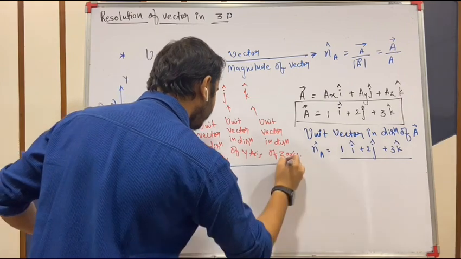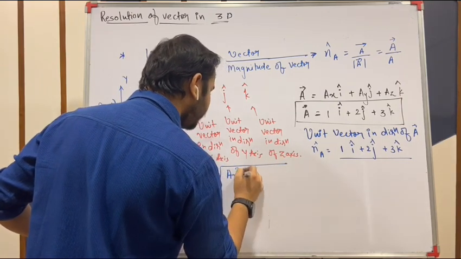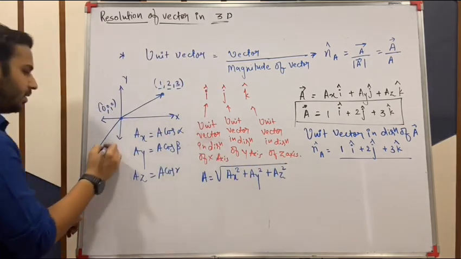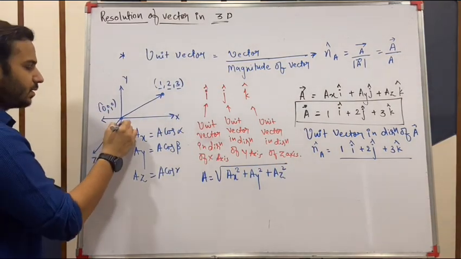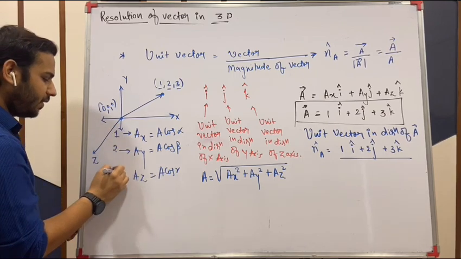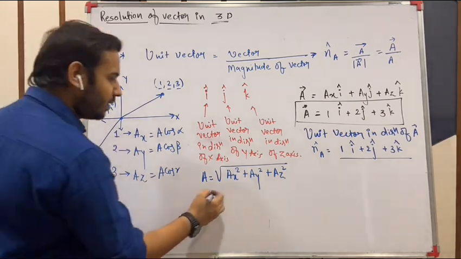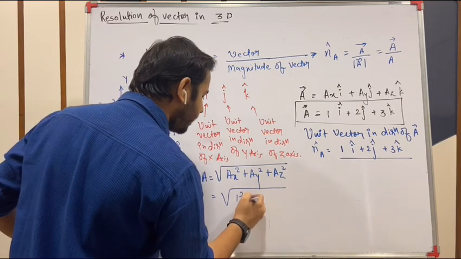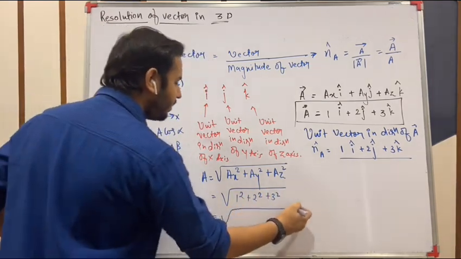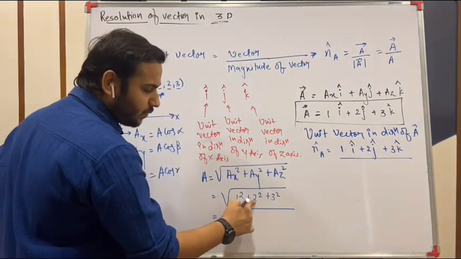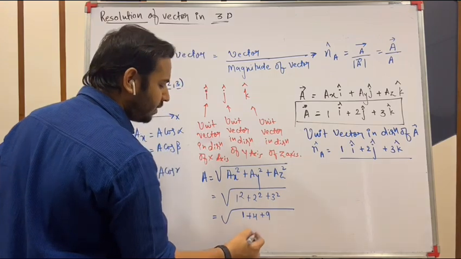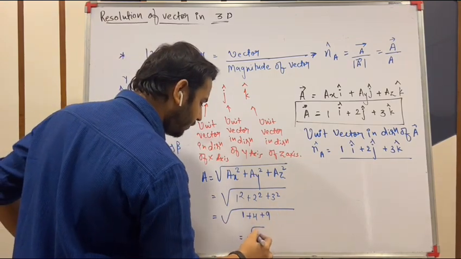Now what should be the magnitude of this 1, 2, 3? That is under root ax square plus ay square plus az square. Here ax is 1, 2 is ay, 3 is az. So answer is 1 square plus 2 square plus 3 square, that can be written as 1 plus 4 plus 9, which is root 14.